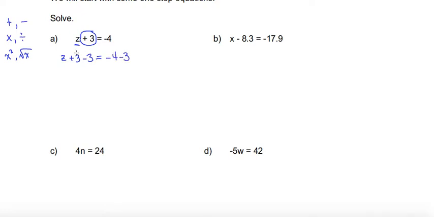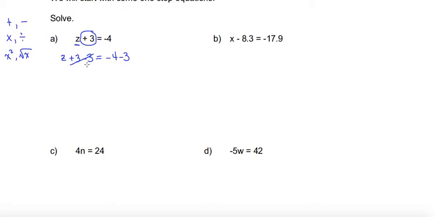The great thing about that is that it eliminates from this left-hand side. Plus 3 subtract 3 is 0, so those two cancel each other out. They're gone. And when we looked at algebra tiles, the same sort of thing happened. When we had a positive algebra tile and a negative algebra tile, they canceled each other out.